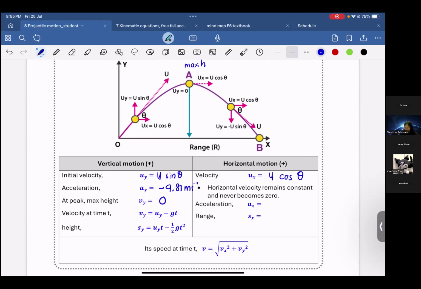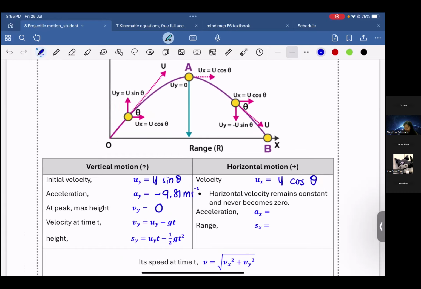So we look at the horizontal motion at here. It's the same thing. The horizontal one will be constant. Horizontal UX and VX all the time will be the same.